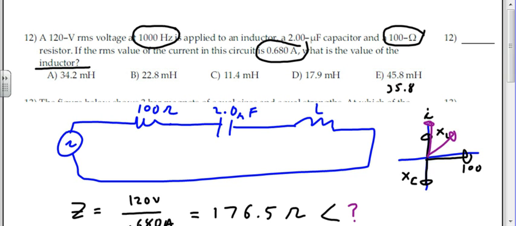I'm going to write my response here, 35.8 millihenries, because I know that one of the directions for the test is that from time to time I remove the correct response, and when I do, treat it as an essay question. Okay? So this particular problem, what are the chances of somebody making a mistake doing it?